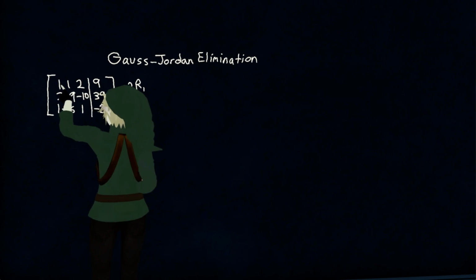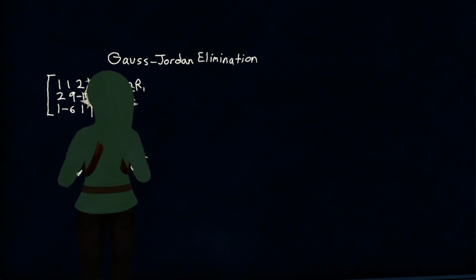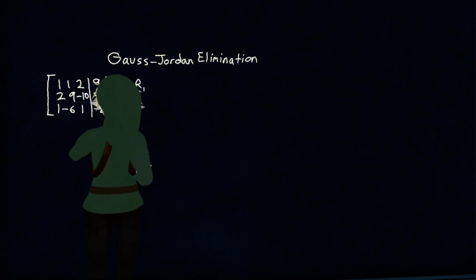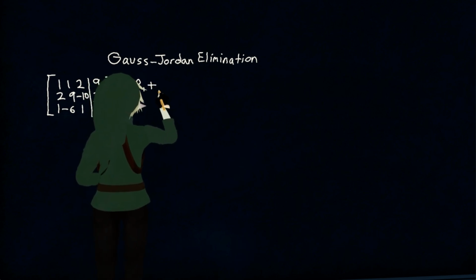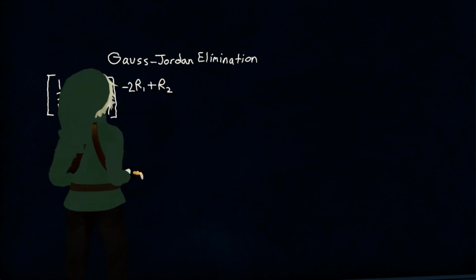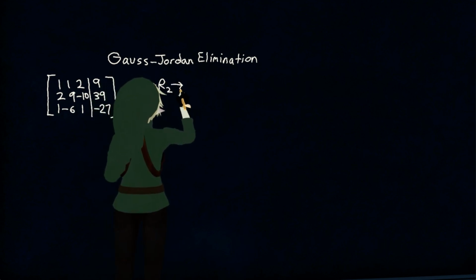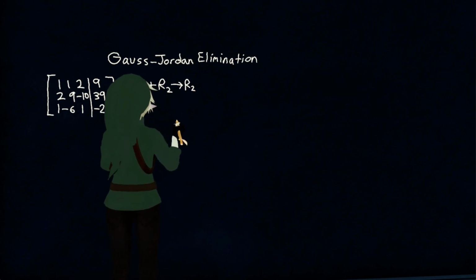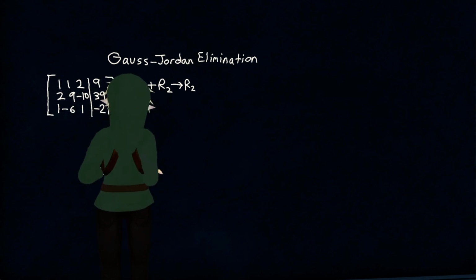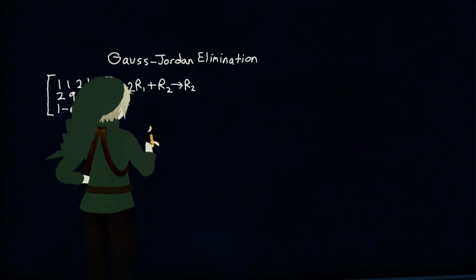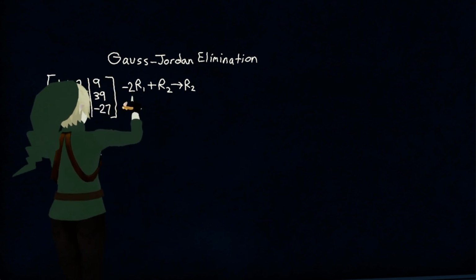This first row here is R1, row 1. I'm going to multiply this by -2, and I'm going to add this onto R2. I'm going to make the result and substitute it in row 2. So I'm using my third legal action, adding a multiple.